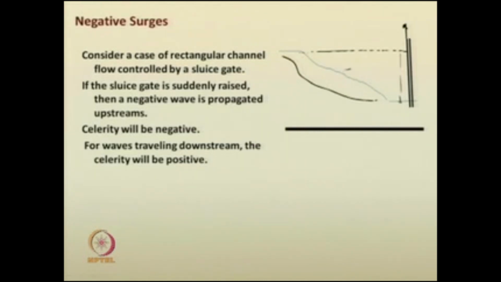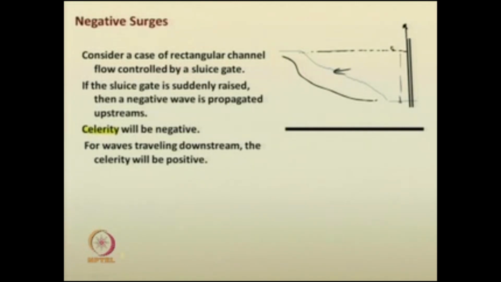When you raise this sluice gate, the original depth gets dipped here and this wave will be propagated to the upstream. How do you analyze the propagation of this negative wave? You know the celerity is negative for this particular case, whereas for waves traveling downstream, the celerity is positive.